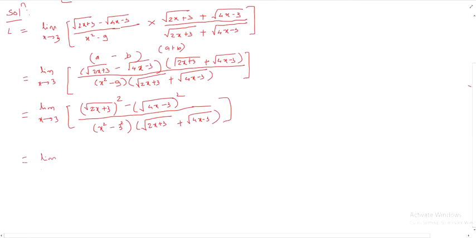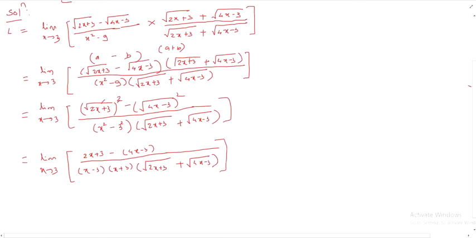Now here, limit x tends to 3. Now we know that by the laws of indices square cancels square root, therefore we get only 2x plus 3 minus 4x minus 3 upon x minus 3 into x plus 3 into root 2x plus 3 plus root 4x minus 3. Okay. Therefore is equal to limit x tends to 3.